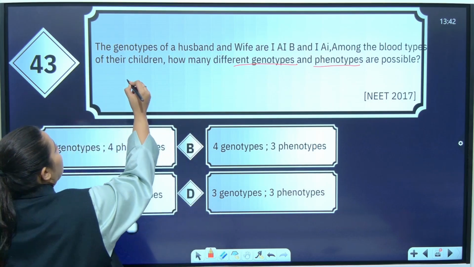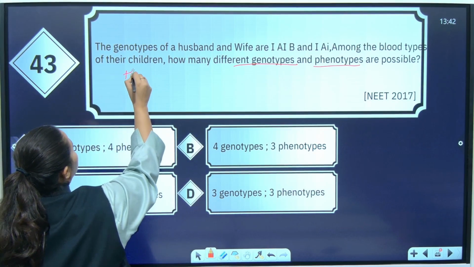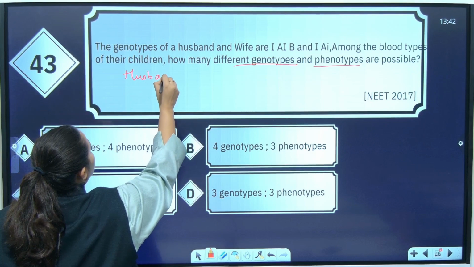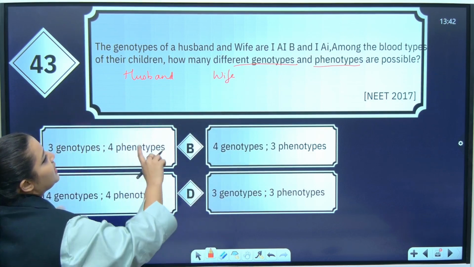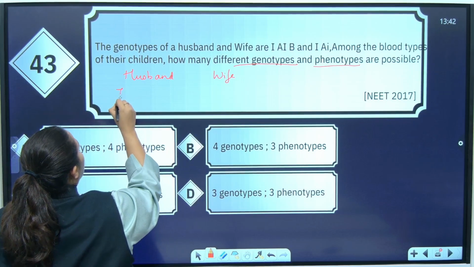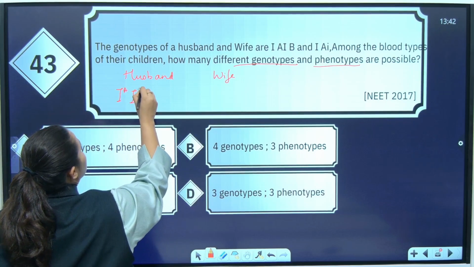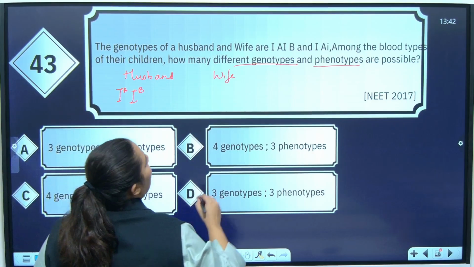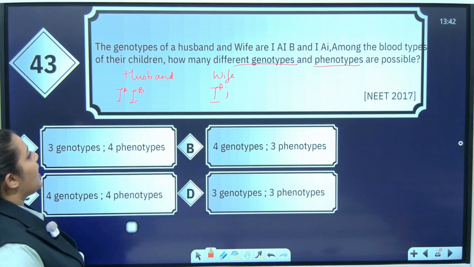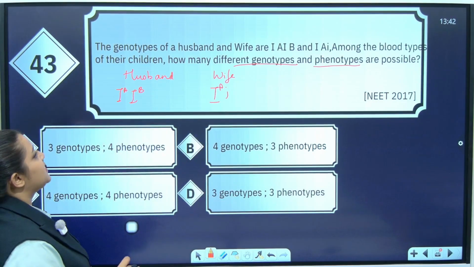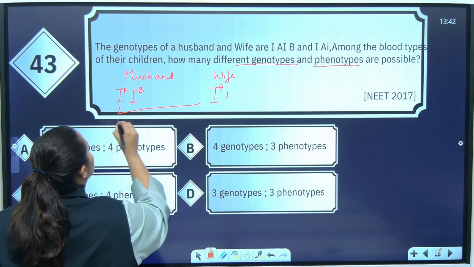First, let's write about the husband and wife over here. Husband has IA, IB. And IA, i in wife. Now how many different types are possible? Let's see.